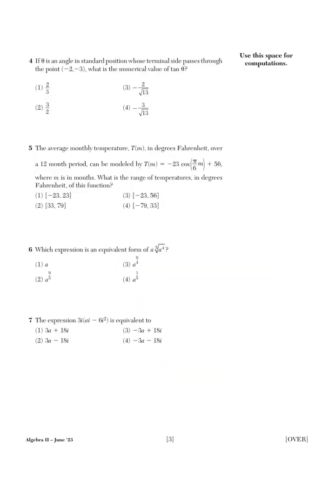Number 4, the answer is choice 2. Okay, so I'm going to do this one the way we did the other day. So they gave you this point. I'm going to go negative 2 and then down 3, which means that point is going to be right here.